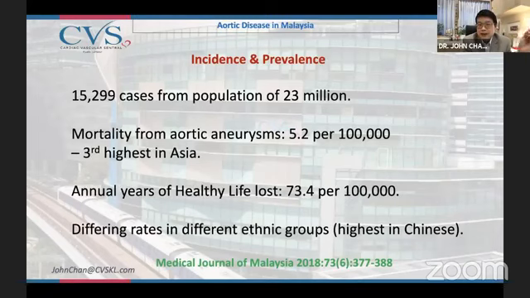It is more common in males, as you can see, compared to females, and it is more common the older you get, so that the incidence is 78 per 100,000 if you're above 70 years of age, but it's only 25 per 100,000 above 50 years of age.